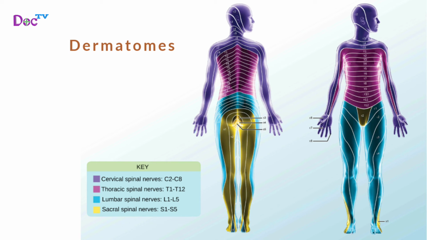All the sacral, lumbar, thoracic and cervical spinal nerves innervate dermatomes except the first cervical spinal nerve, that is C1, which does not contain any sensory axon. Instead, the sensory information from the skin of the facial region is conveyed by cranial nerve 5, the trigeminal nerve.